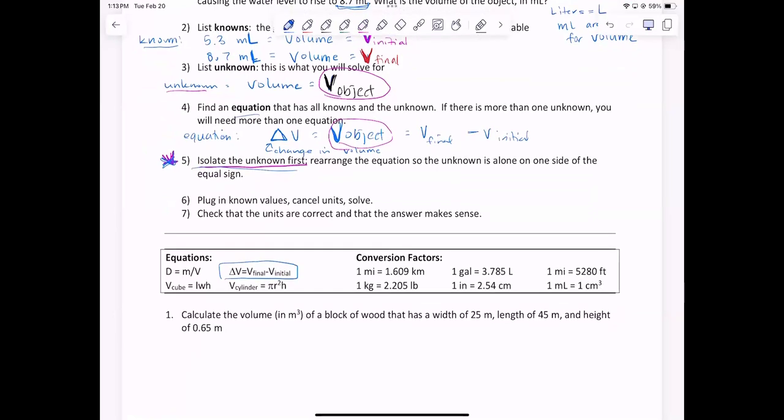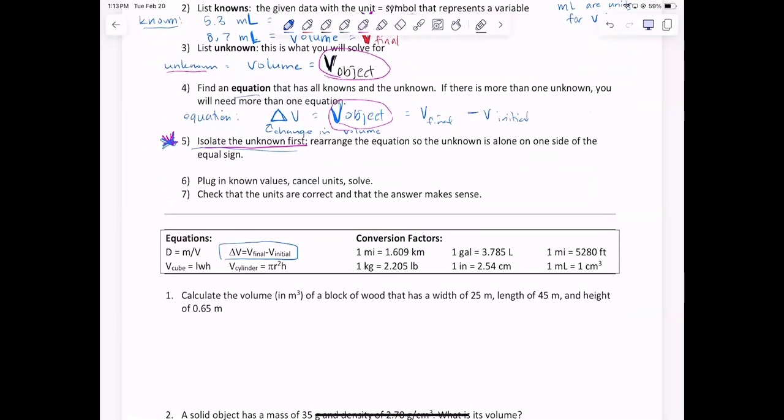So when this is isolated by itself on one side of the equal sign, then you can plug in the known values with the units so that you can cancel the units. So let's do that. This is the volume of the object by itself. The final volume is 8.7 mL, so notice the number with the units, minus 5.3 mL.